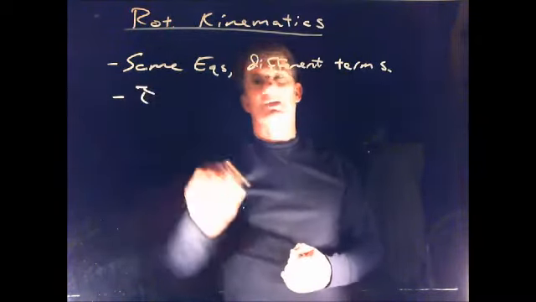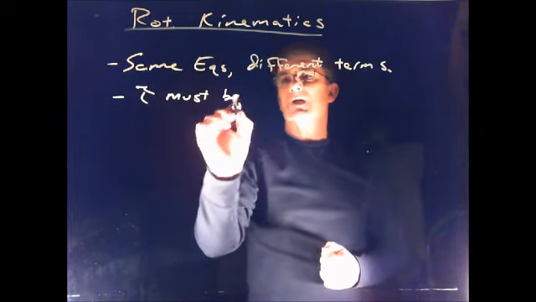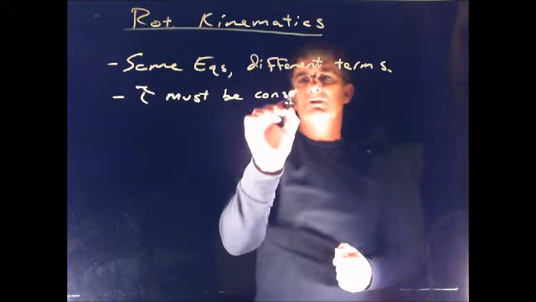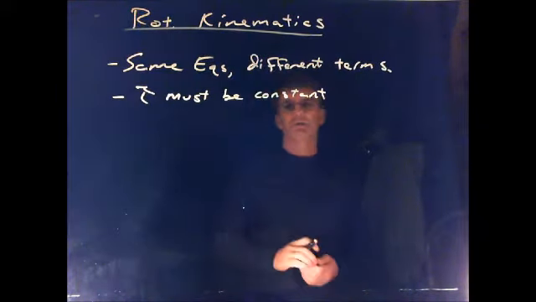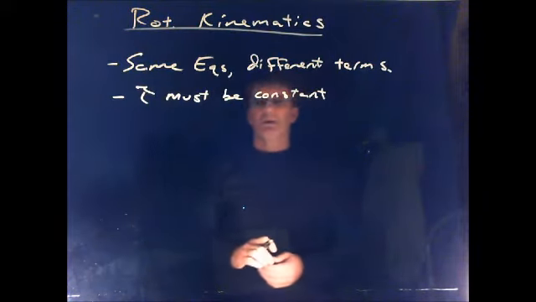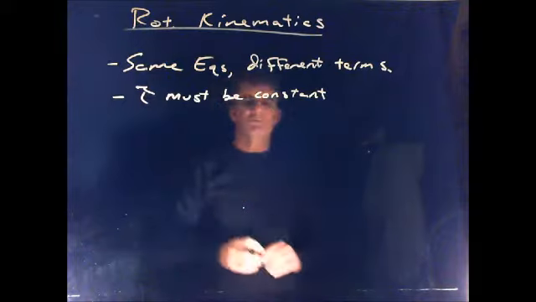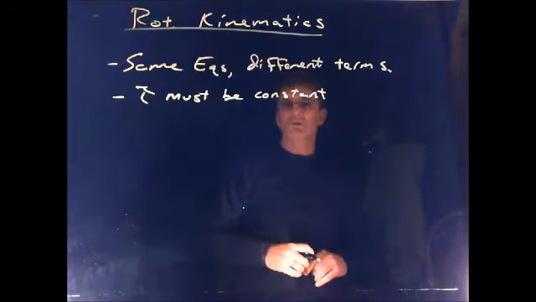And I say, hey, same thing here. Torque must be constant. Angular acceleration must be constant so that we can use these kinematic expressions. I'm not going to introduce the expressions here. They're exactly the same. You can look them up on the formula sheet.